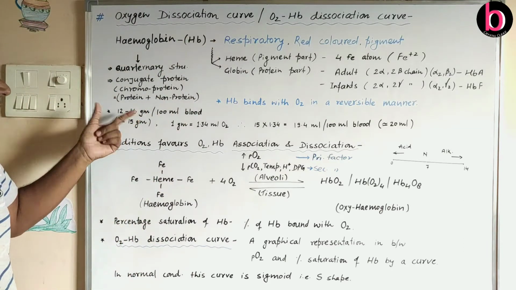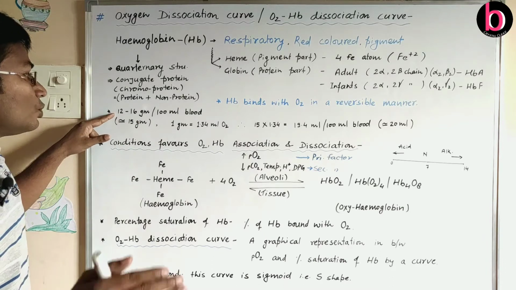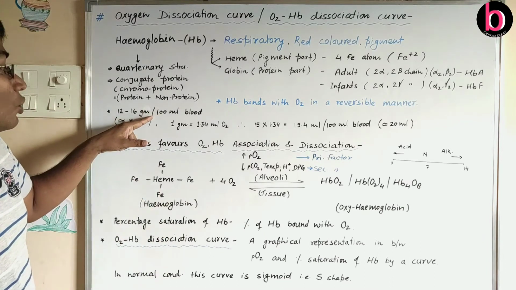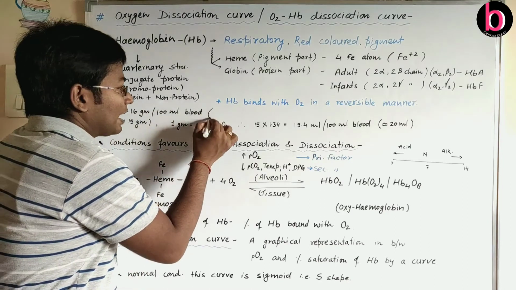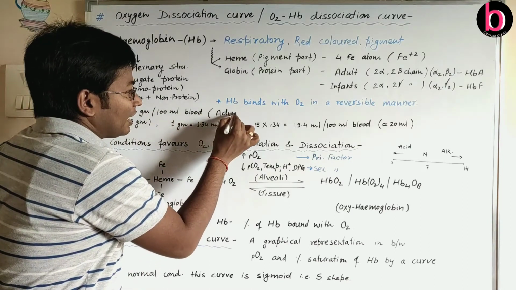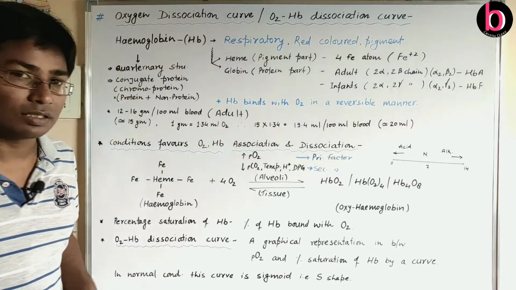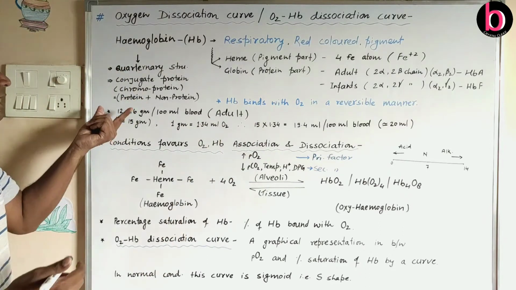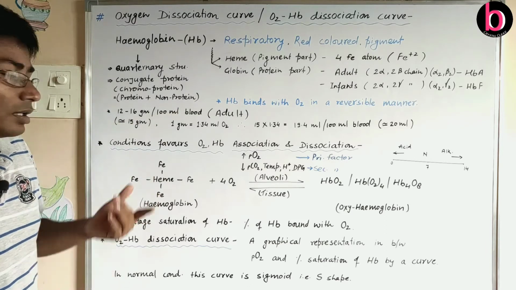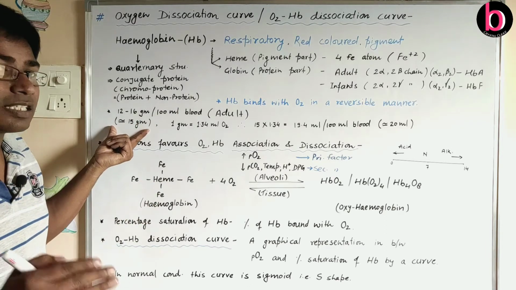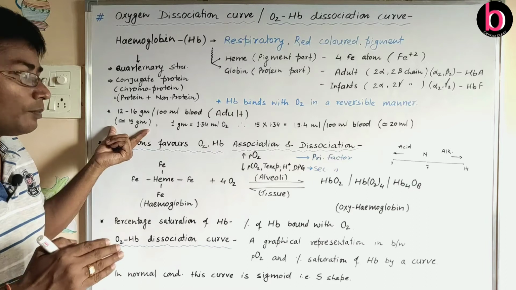There are 12 to 16 gram hemoglobin in every 100 ml blood in an adult person. Roughly we can say this is 15 gram.